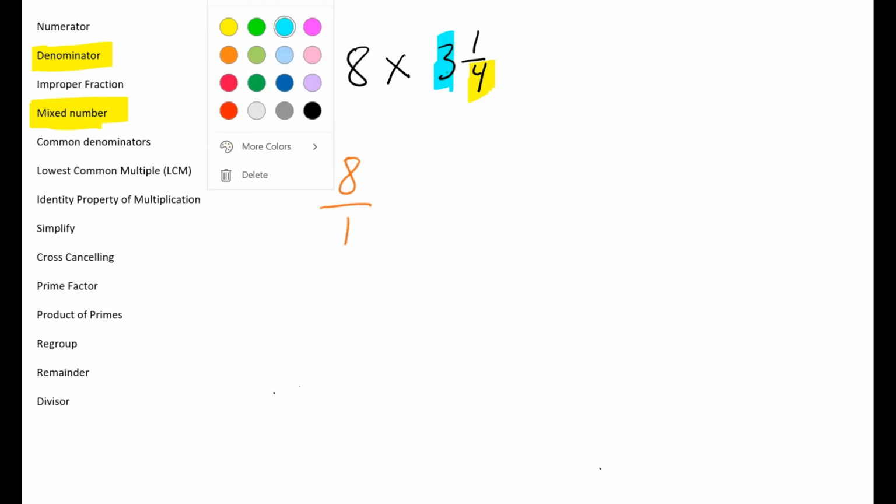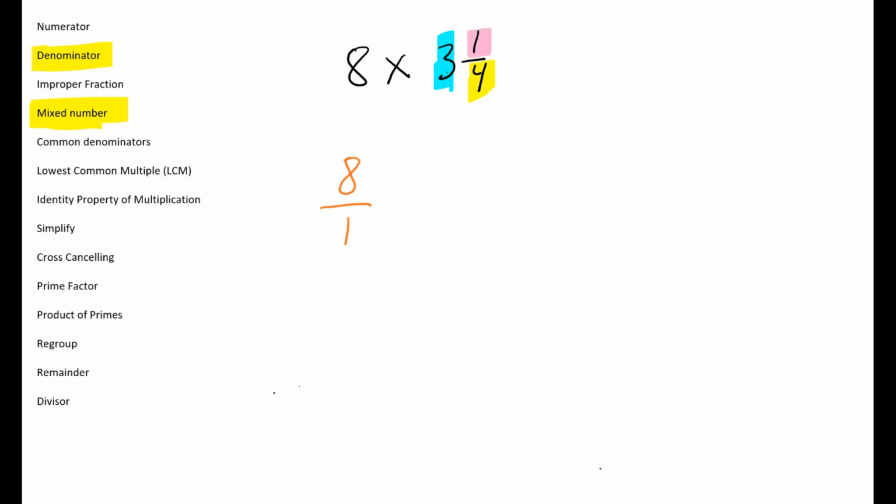Then I need to add my numerator. So 4 times 3 plus 1: 4 times 3 is 12, plus 1 is 13. So I'm going to have 13 over my 4. All right, so it's 8 over 1 times 13 over 4.